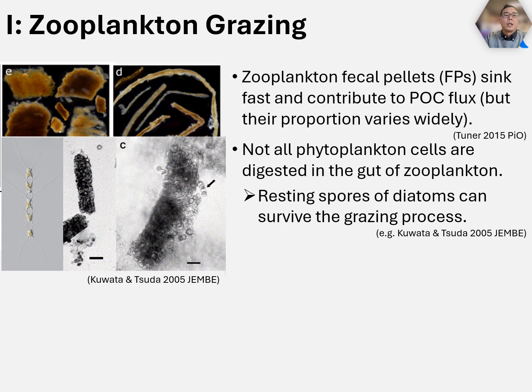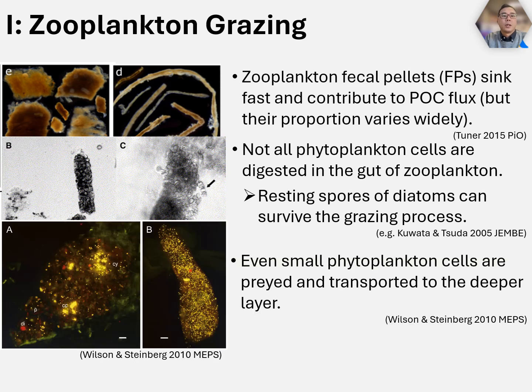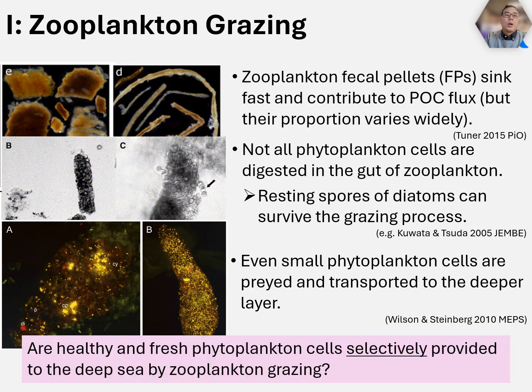They fed diatom Chaetoceros cells, resting spores, to copepods, and reported most of the cells in the faecal pellets were undigested and alive. Moreover, Wilson and Steinberg observed numerous fresh Synechococcus in the copepod gut contents. So we have a hypothesis that healthy and fresh phytoplankton cells are provided to deeper layers selectively by zooplankton grazing.